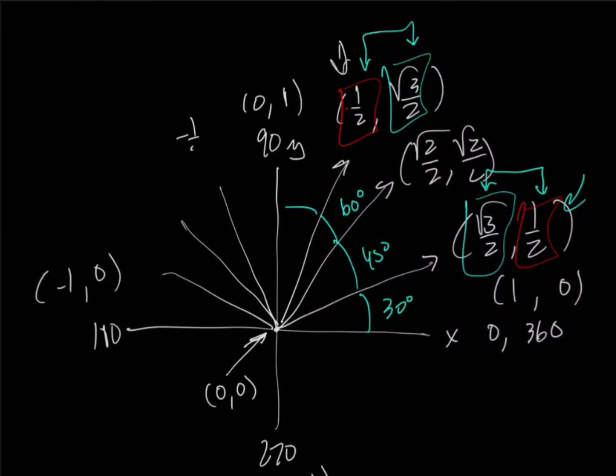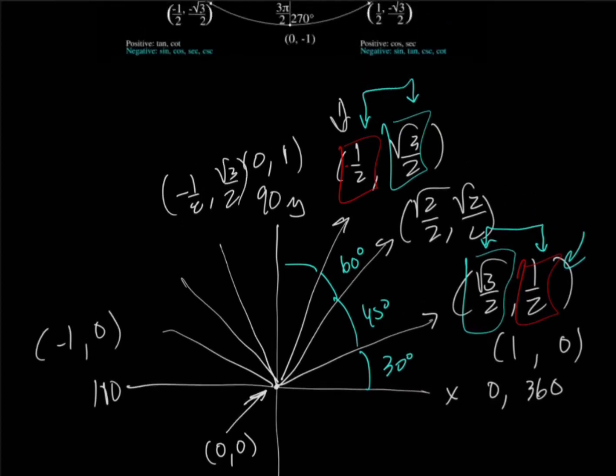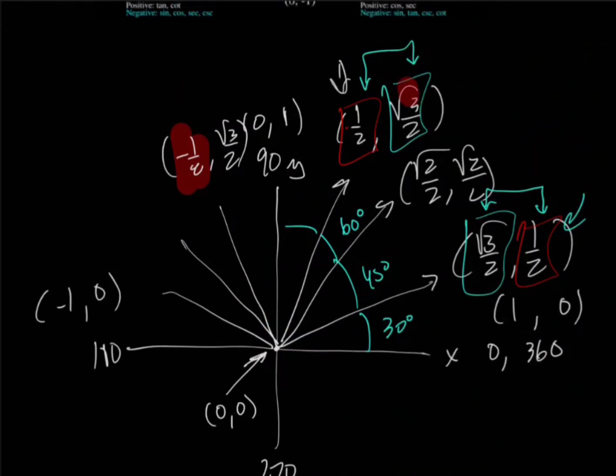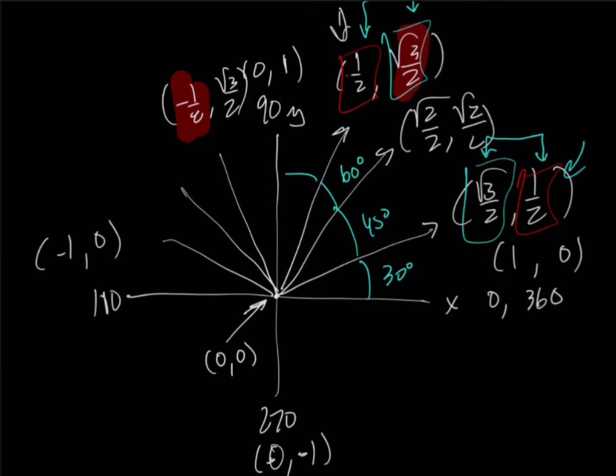This one right here is negative 1/2, square root of 3 over 2. How do I get that? Well, it's the same thing as this one over here, but the x coordinate is just negative because we're in the negative side of the x-axis. We're still in the positive y space, so none of the y values are changing. So this is still going to be square root of 3 over 2.